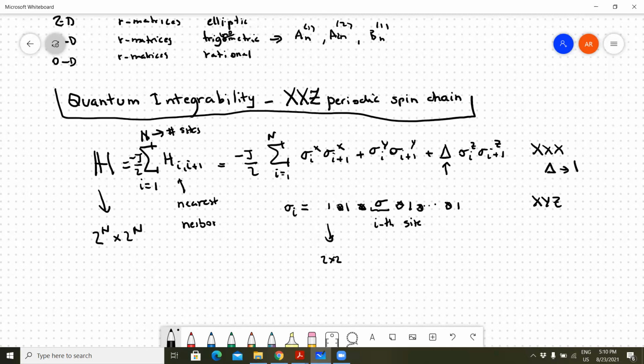If you want to describe a system with, I don't know, 10 sites, it is already hard. So it becomes very hard to diagonalize. And today I will explain how to construct this Hamiltonian and the other conserved charges related with this XXZ.